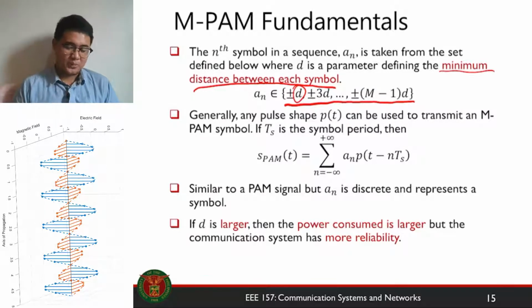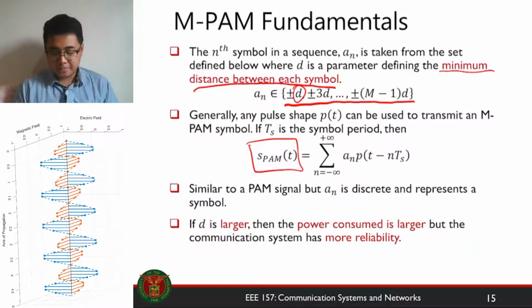So the PAM signal, s PAM of t, can be represented using this equation. You have your finite duration pulse, for now a rectangular signal, and you have a sub n, which is the nth symbol in the sequence.